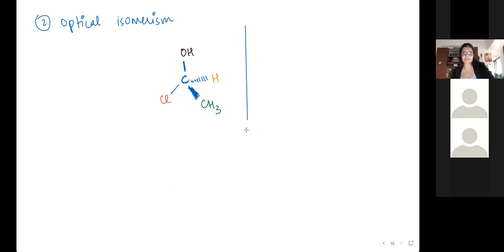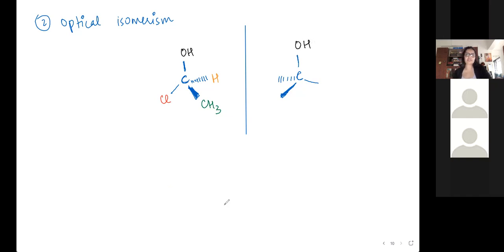Imagine there's a mirror here. So, iska reflection kaise dikhega? The carbon atom in the center will be the same. Peeche ki taraf ye idhar hai, aage ki taraf this bond. This will be the same. To iske reflection mein upar kya rahega?